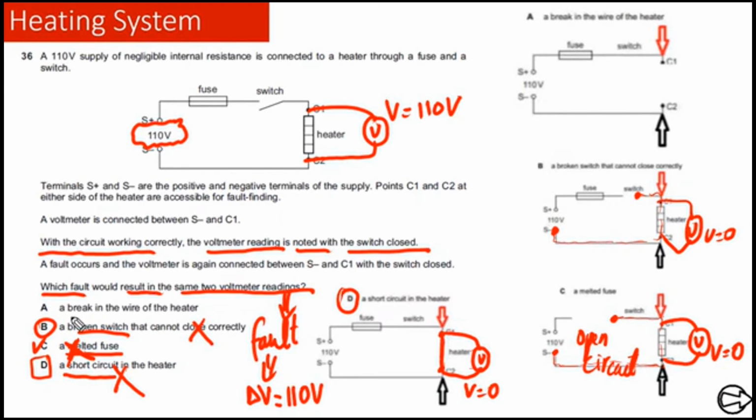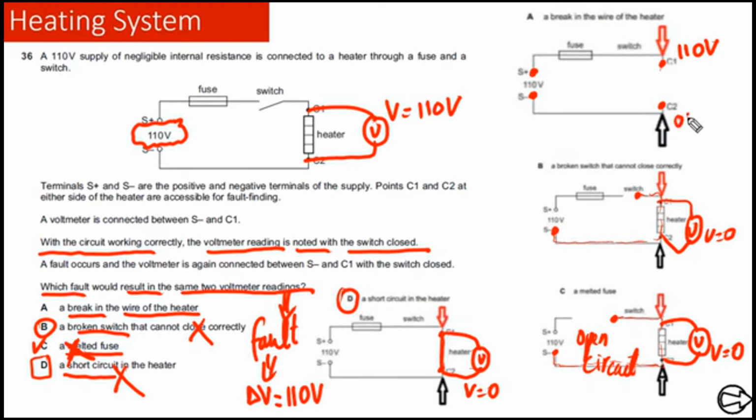For A, it is given a break in the wire of the heater. So here it means the wire of the heater. In this case, the potential at C1 will be equal to 110 volts because this is connected with the positive terminal, and C2 is connected with the negative terminal.